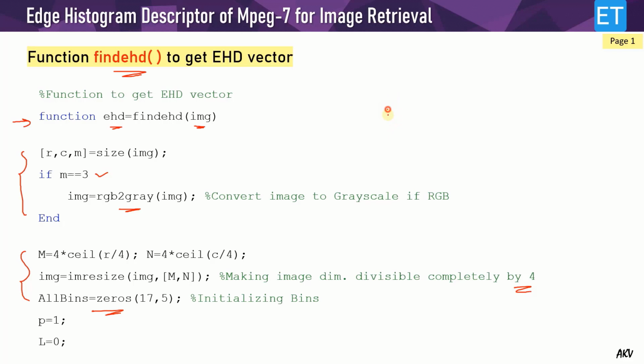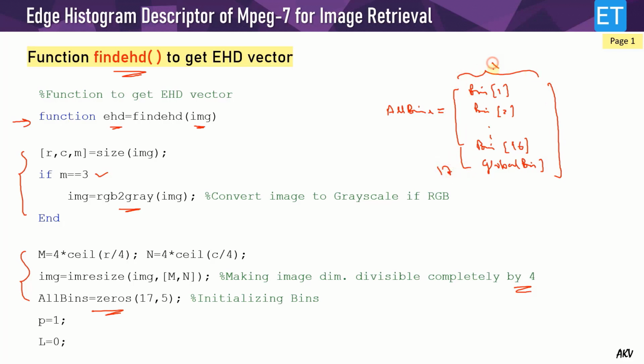Because if you remember the previous slide, we arrange all the bins like this: bin 1, then bin 2, up to bin 16, and in the last the global bin. So total rows will be 17, and the number of columns of course is 5, because each bin is carrying 5 points. That's why we are initializing allBins as a 17 by 5 matrix.